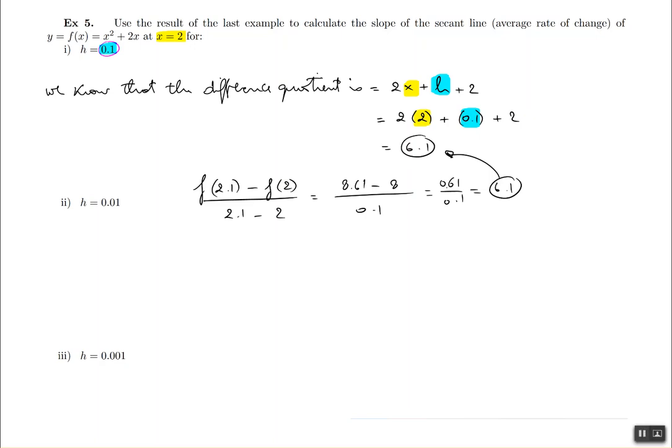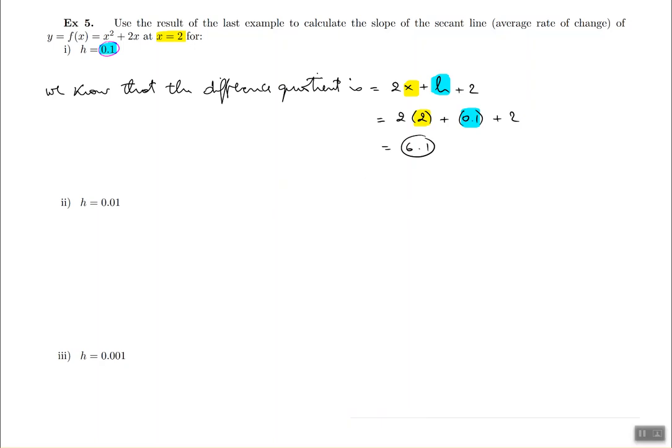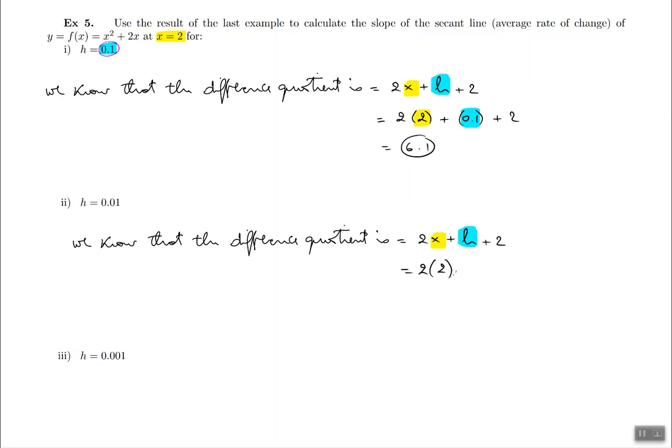So at this point, we're not going to be using that old technique anymore. We're just going to do the rest of the problem using the new technique. So for instance, in part B, or part 2 of the problem, it says h is 0.01, but x is still the number 2 from the start of the problem. So we know the difference quotient is 2x plus h plus 2, and at this point, what we're going to do is plug in 2 for the x, and h is 0.01 this time, and evaluate the solution.